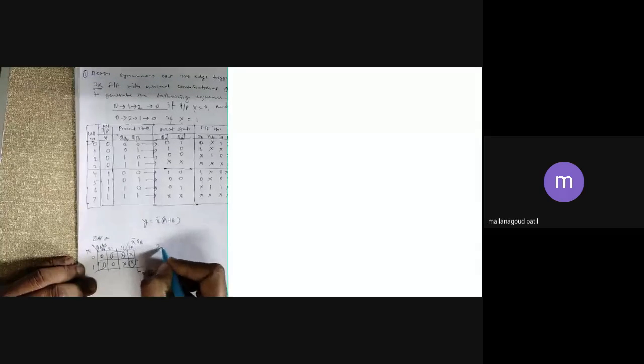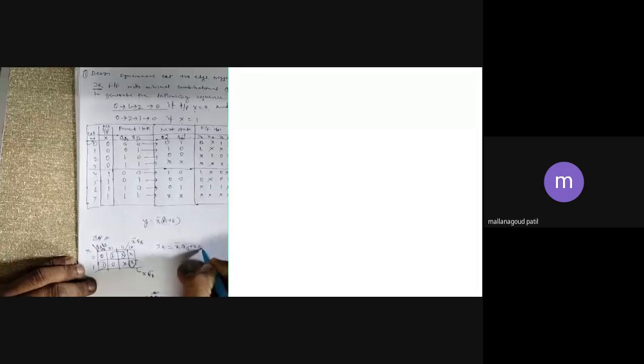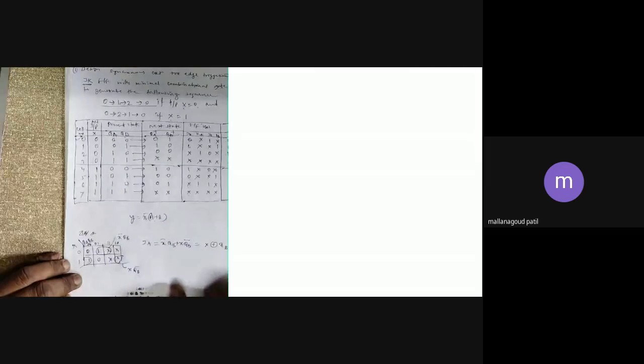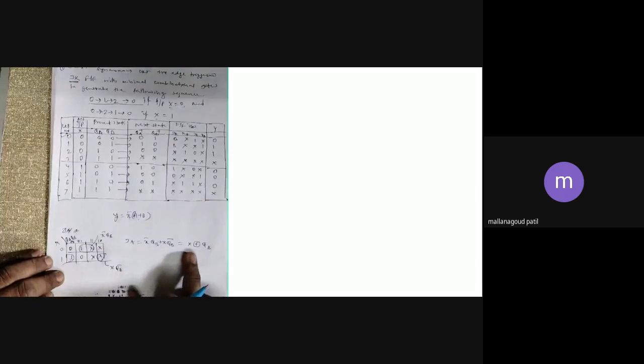Then I can write J is equal to X bar QB plus X QB bar. I can write this as X XOR QB. Is it okay? A bar B plus A B bar is A XOR B in that concept.